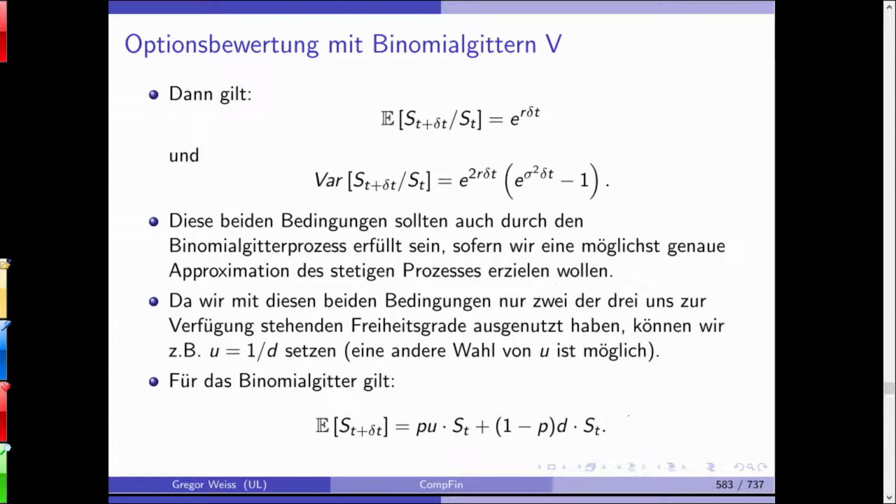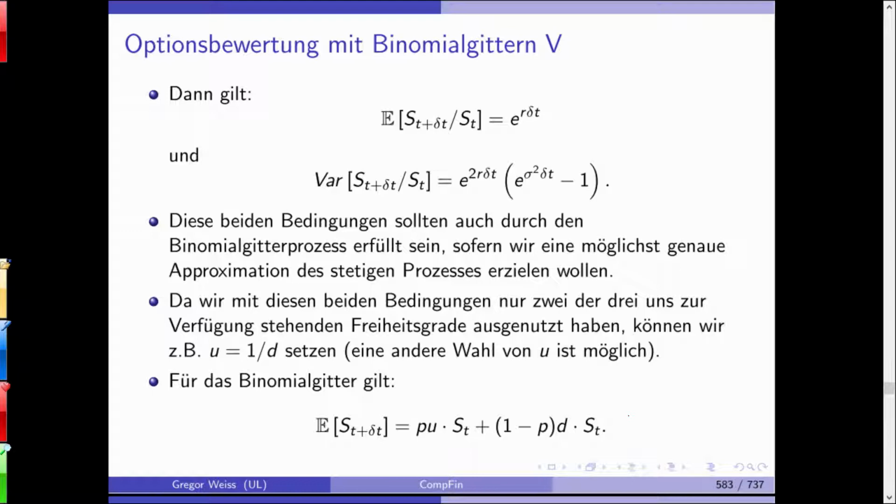Again, in the population we have a continuous stochastic process, and we need an approximation. And what we do is we at least require the approximation to have the same mean and the same variance as the initial process. So this is what we want.